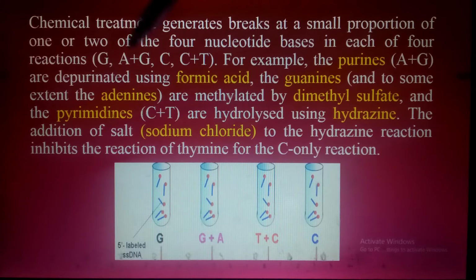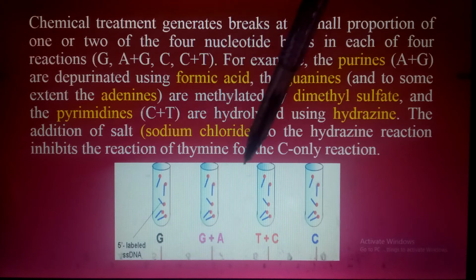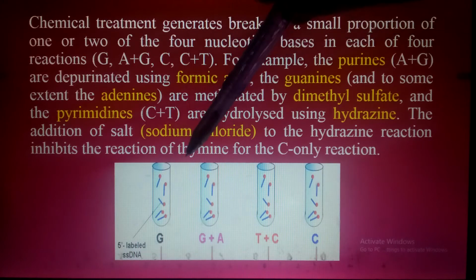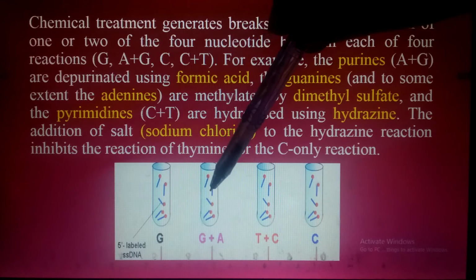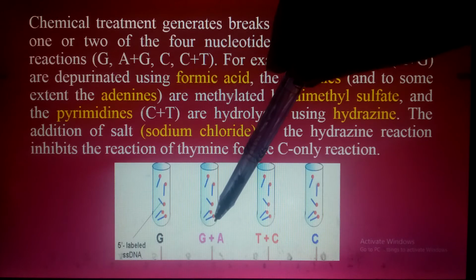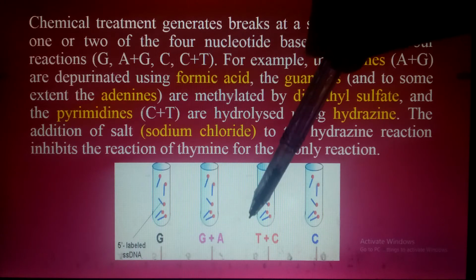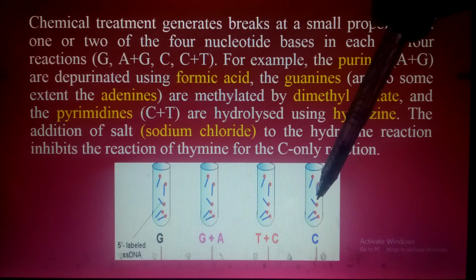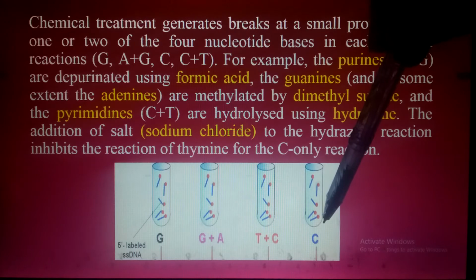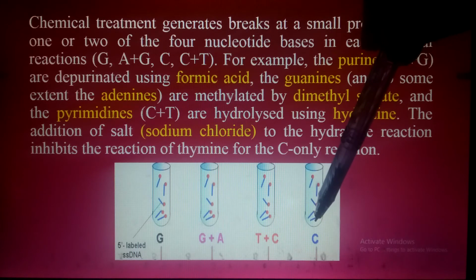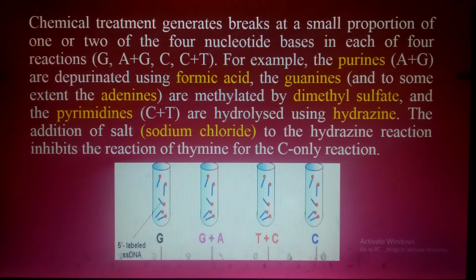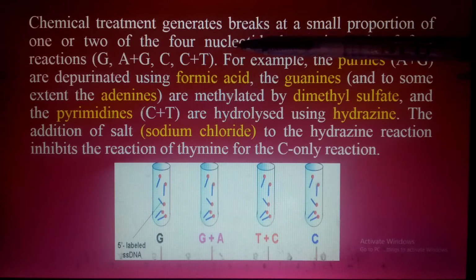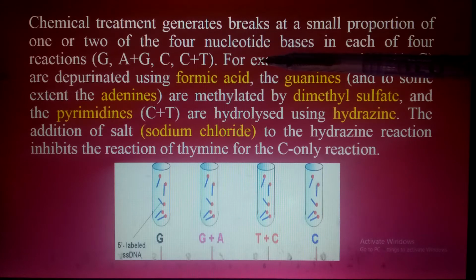You can see here the 4 tubes: the first tube contains G, the second G plus A, meaning guanine and adenine, the third thymine and cytosine, and the fourth only cytosine. So you can see 4 reactions were prepared by Maxam and Gilbert. So first of all, what will happen?